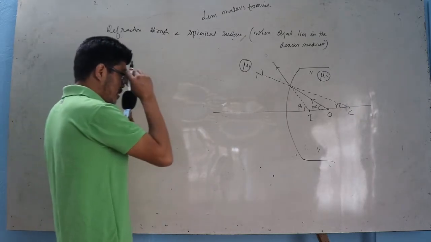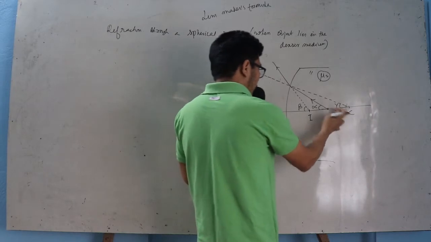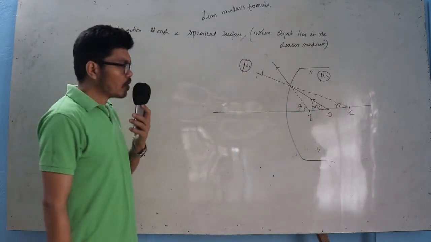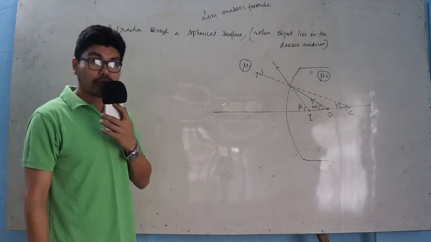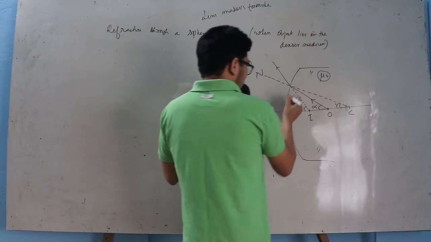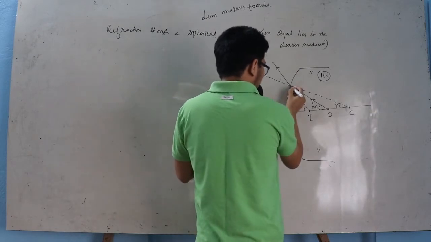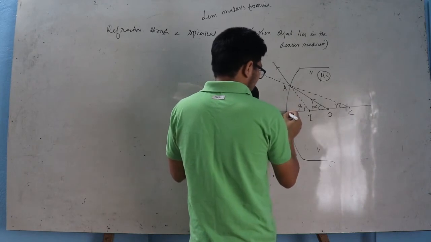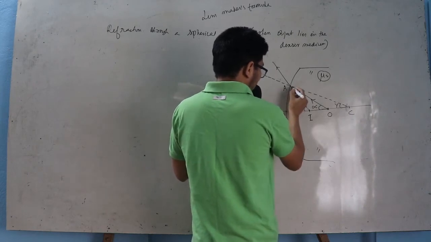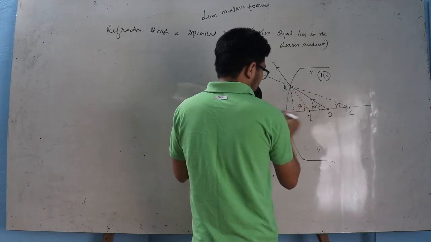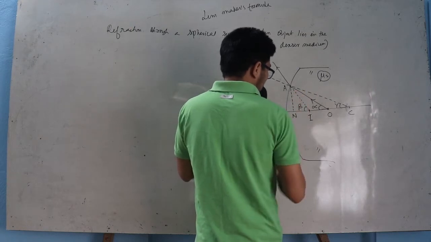The same assumption means all these angles, alpha, beta, gamma, which are met with the principal axis, are to be treated as small. So let this point be called as A here, and this is the pole of the surface. So from here, I drop one perpendicular line on the principal axis. So let me call this as N here.